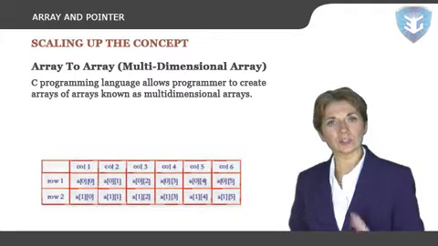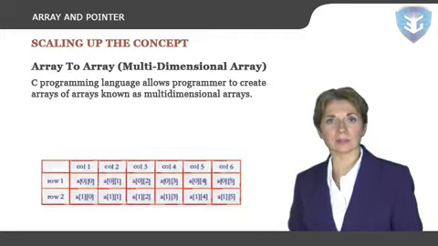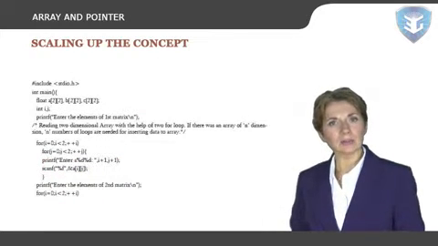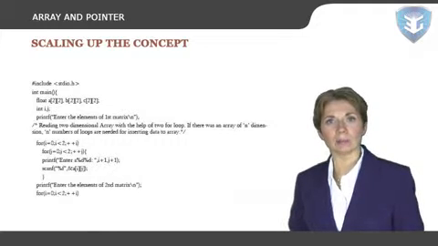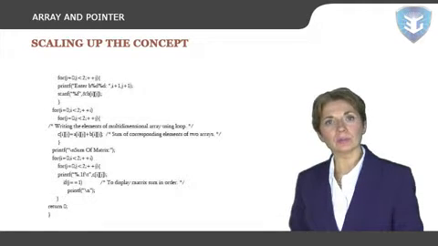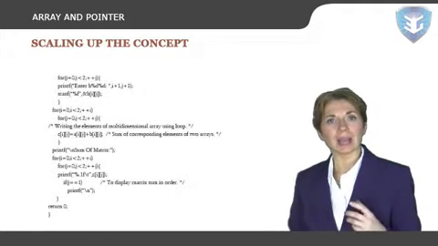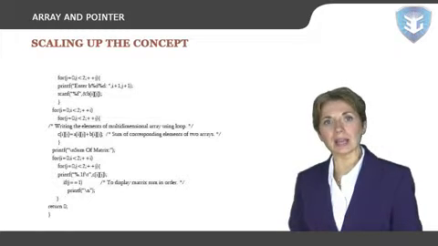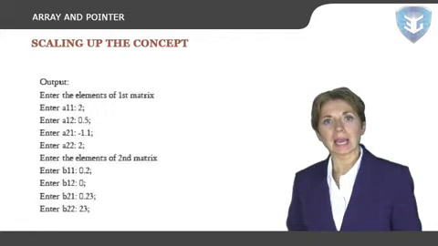This array has 2 rows and 6 columns. Let's now take a look at a C program to find the sum of 2 matrices of order 2 cross 2 using multidimensional arrays where elements of matrix are entered by the user. Output of the program is on the screen.